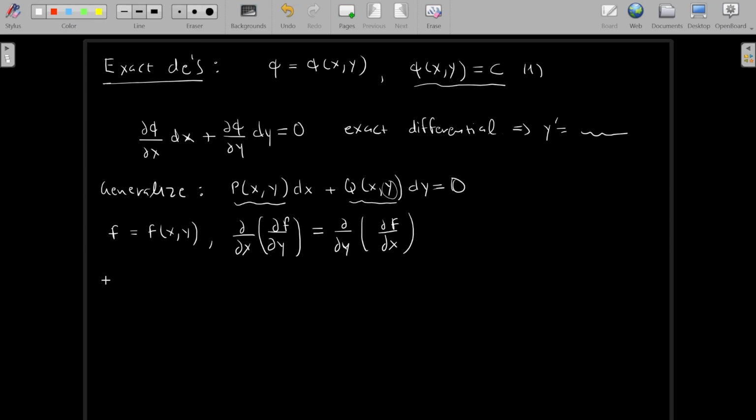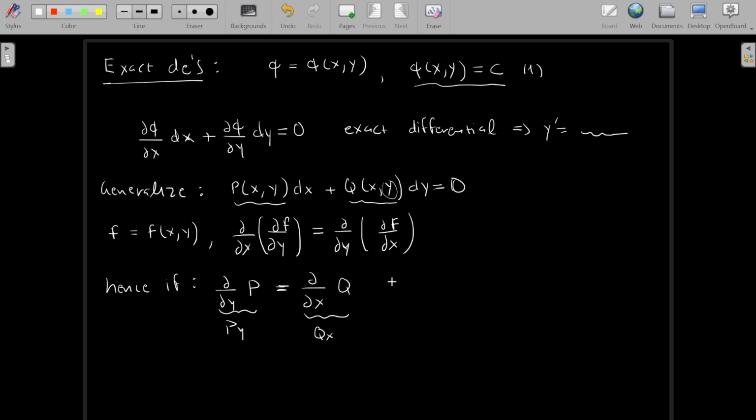So what we get is that if we differentiate p with respect to y, we're going to denote it as p_y. And the differentiation of q with respect to x, we denote as q_x.